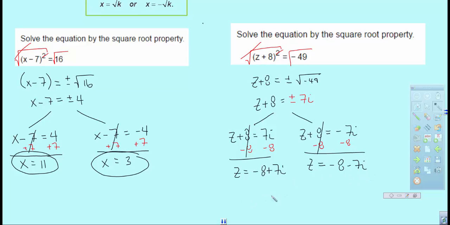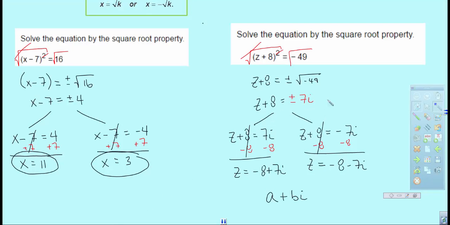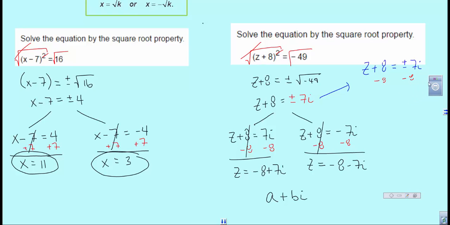Going back to section 1.2, remember that's going to be in standard form, a plus bi, of an imaginary number. If you wanted to come back and touch on that, you really could just take this guy and say z plus 8 is equal to a positive or negative 7i, and just go ahead and subtract 8, and get z equals negative 8 plus or minus 7i.